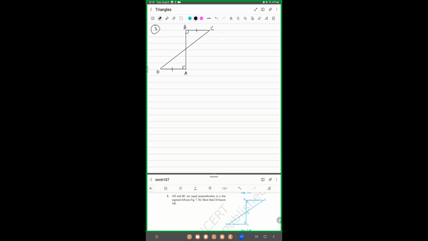So what is given to you? These things are given. Let this be O. You have to show that CD bisects AB. What is the meaning of bisects? Can someone tell me? Yes.